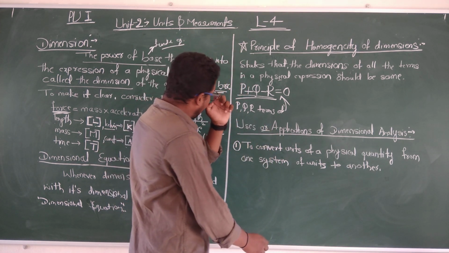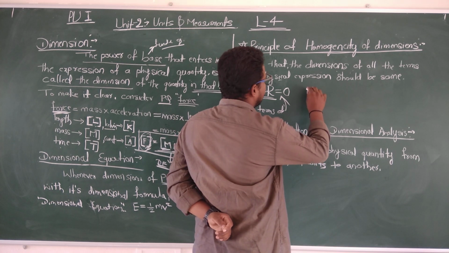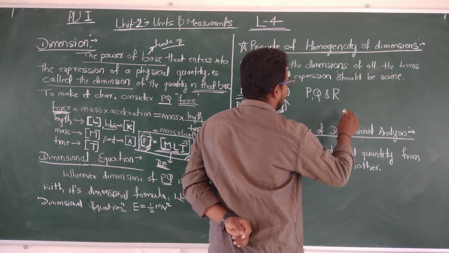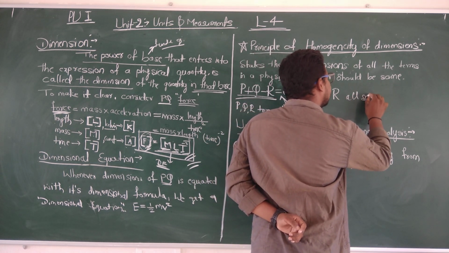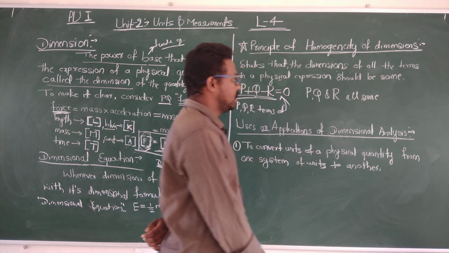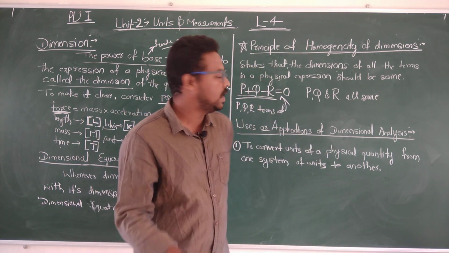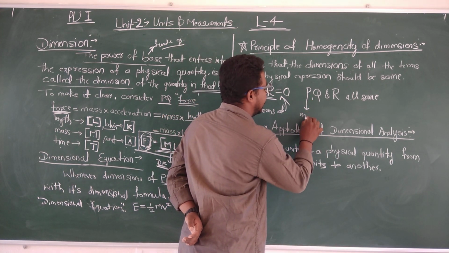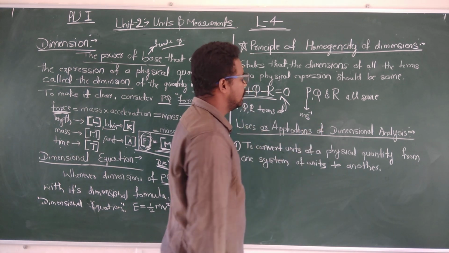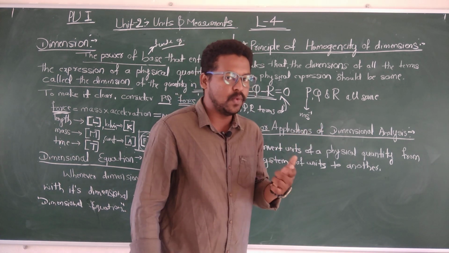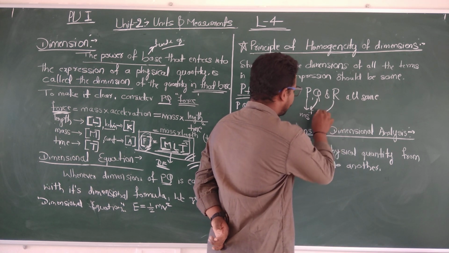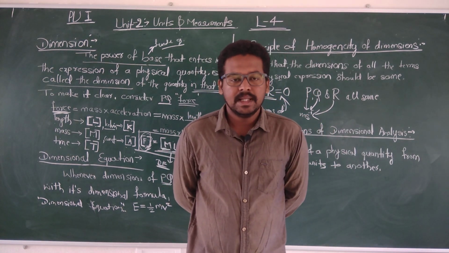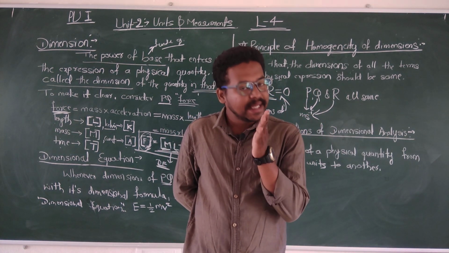So now the dimensions of P, Q and R are all same. Dimension means unit. If P's unit is meter per second, then if you ask the unit of Q and R, this is also meter per second only, because always like quantities only add.